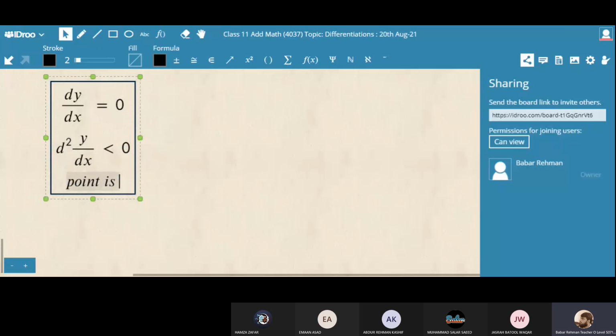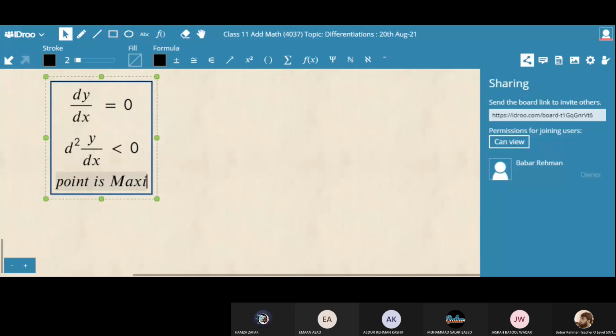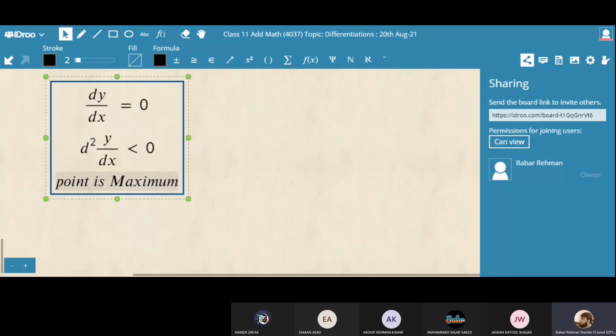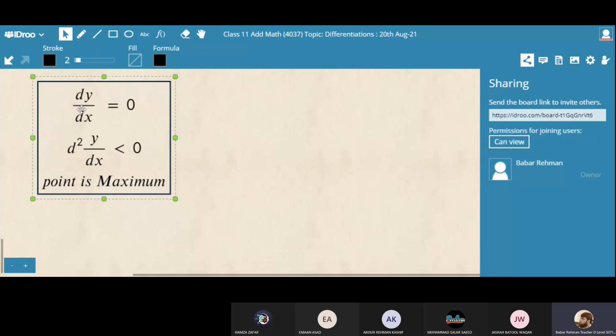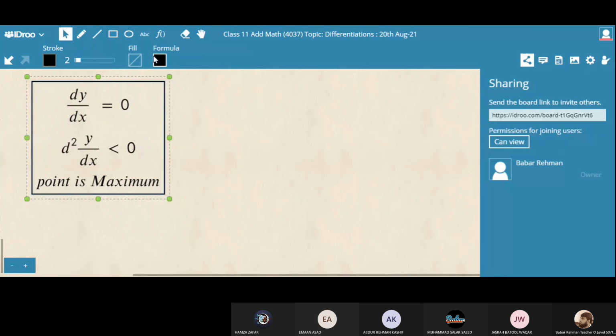Point is maximum, because this is called nature of derivative.